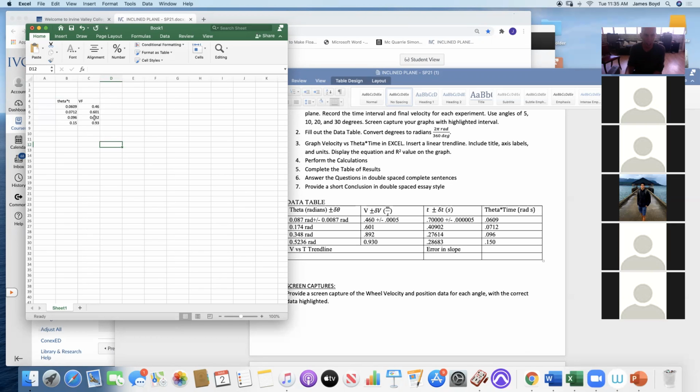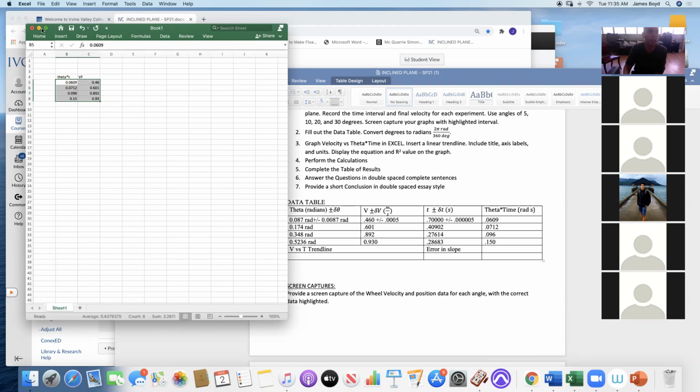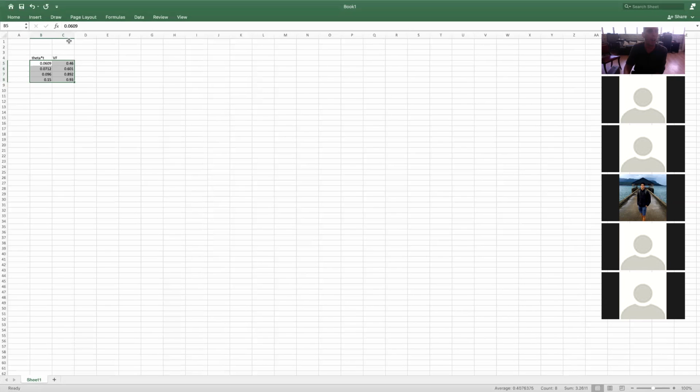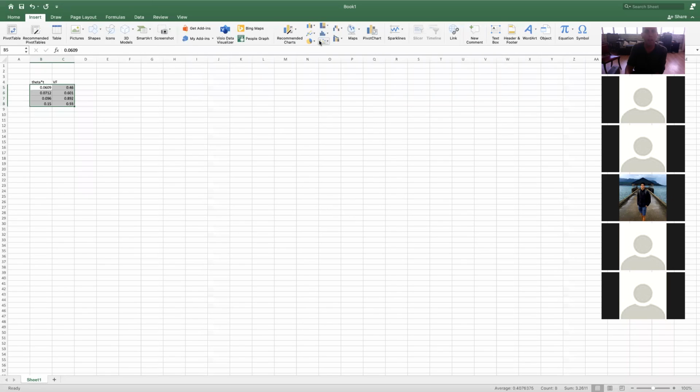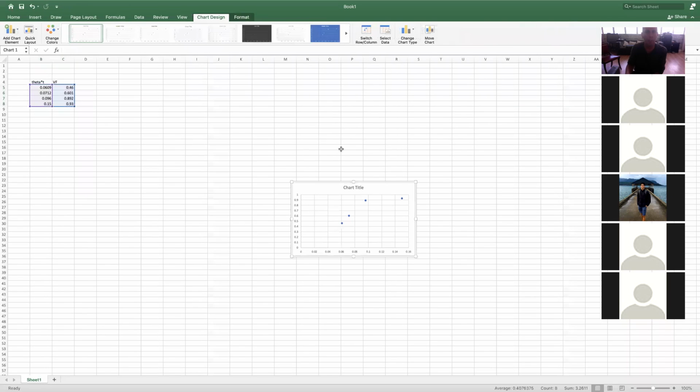But as a first check, make sure that your velocity is increased with increasing angle. Then we're going to highlight it and insert a graph, scatter plot.